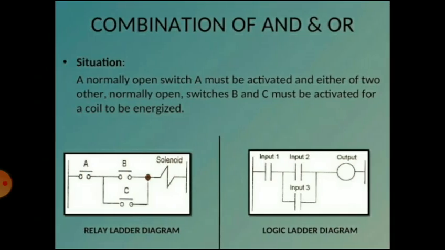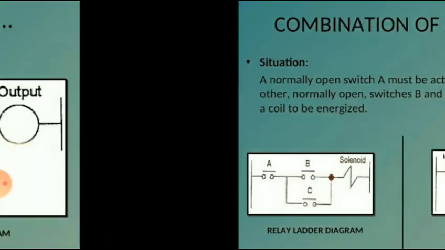Then the combination of AND OR. A normally open switch A must be activated and either of two other normally open switches B and C must be activated for a coil to be energized. So this is a combination of AND OR gates.